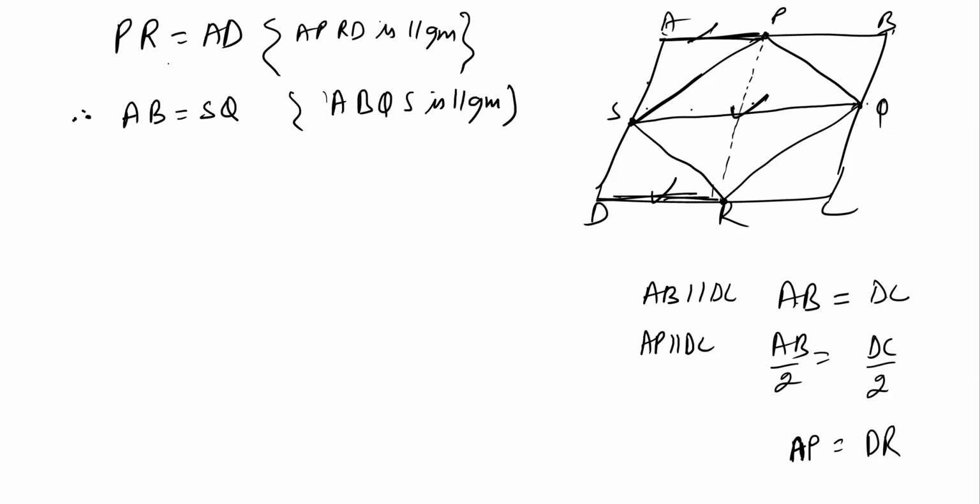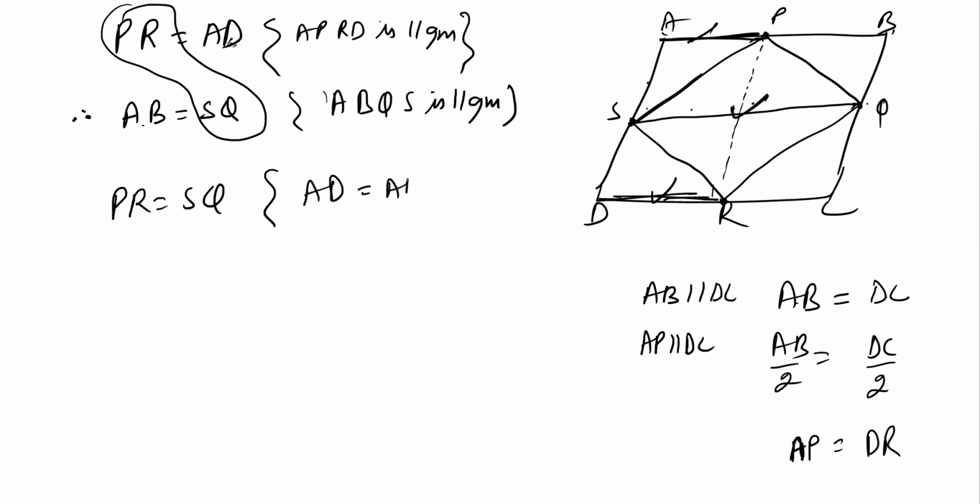And since AB and AD are equal, because all sides in a rhombus are equal, we can say that PR is equal to SQ. Why? Because these two are equal, because AD is equal to AB. All sides in a rhombus are equal.